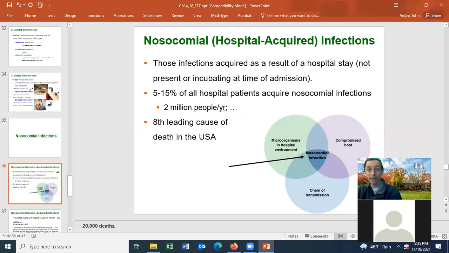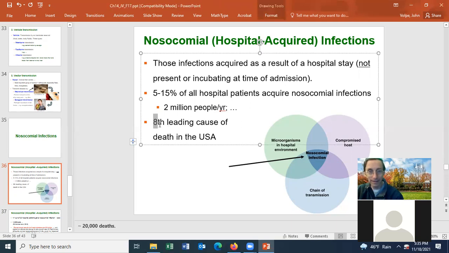So it's actually the 8th leading cause of death in the United States. And I assume that's close to about the case even with COVID-19, because I think COVID-19 is above the 8th leading cause now.